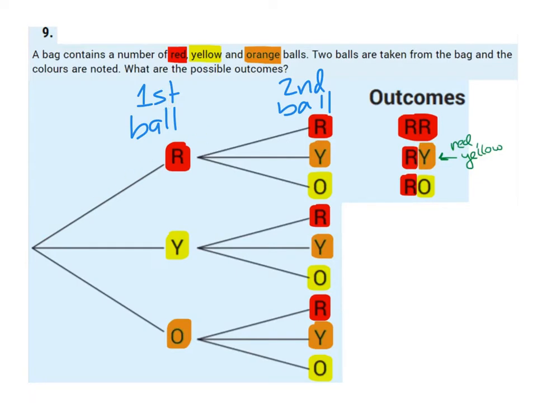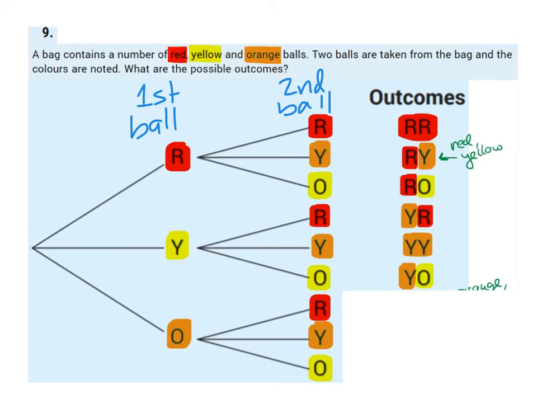Now let's have a look at our possible outcomes if the first ball had actually been yellow. So following the branches, first ball yellow, second ball red, then first ball yellow, second ball yellow, then first ball yellow, second ball orange. So these are our 3 different outcomes if the first ball was yellow.